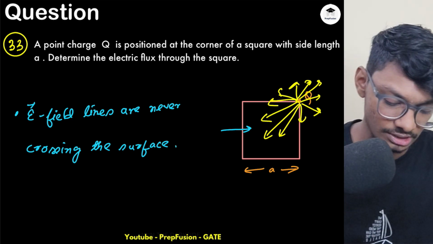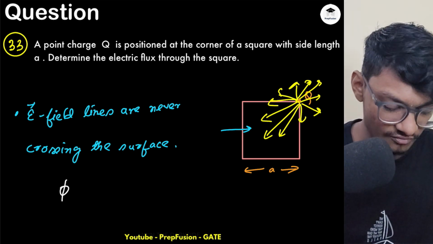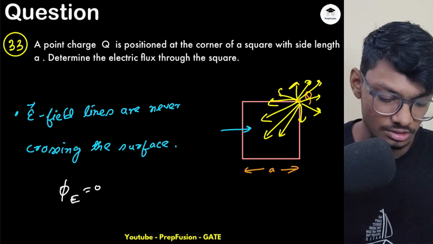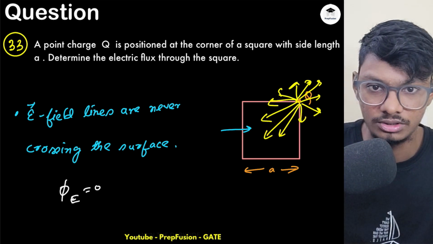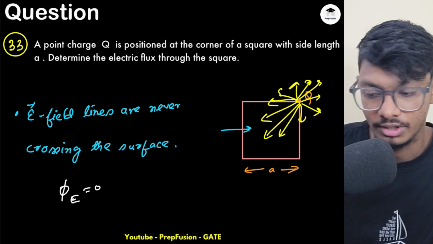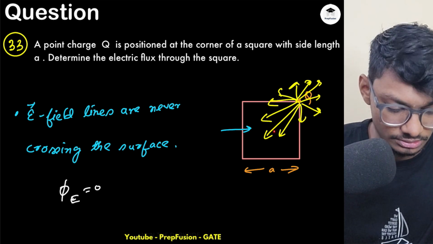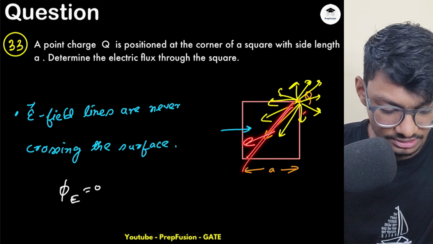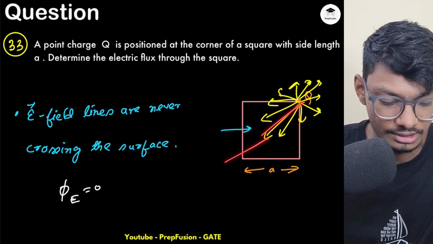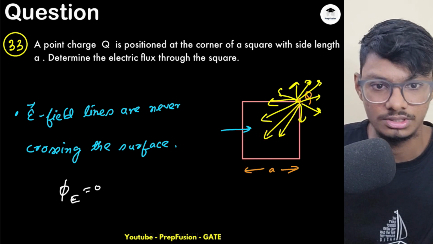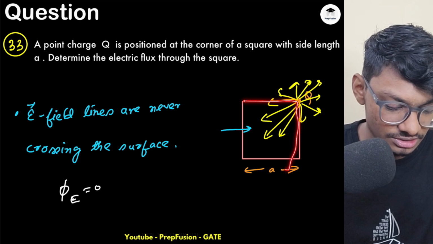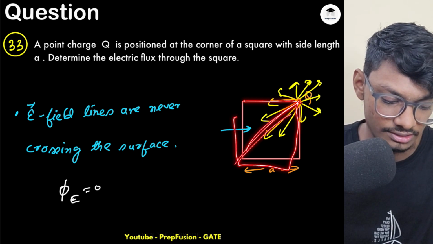If electric field lines are never crossing the surface, obviously my flux will be simply 0, because the angle between them is 90, since the area vector is this and the electric field lines are something like this. Area vector and electric field lines are never crossing. So it is simply 0, because this is just a sheet and the electric field lines are never crossing.